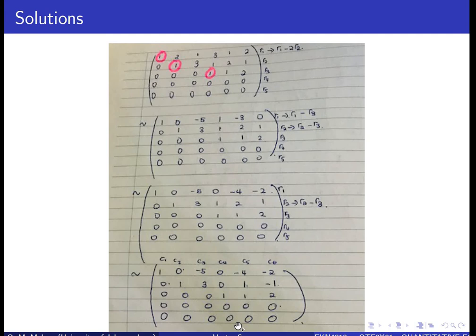So my scalars, I read them off on this column here. So C3 will be negative 5C1 plus 3C2, right? Negative 5C1 plus 3C2 should give me the original C3.